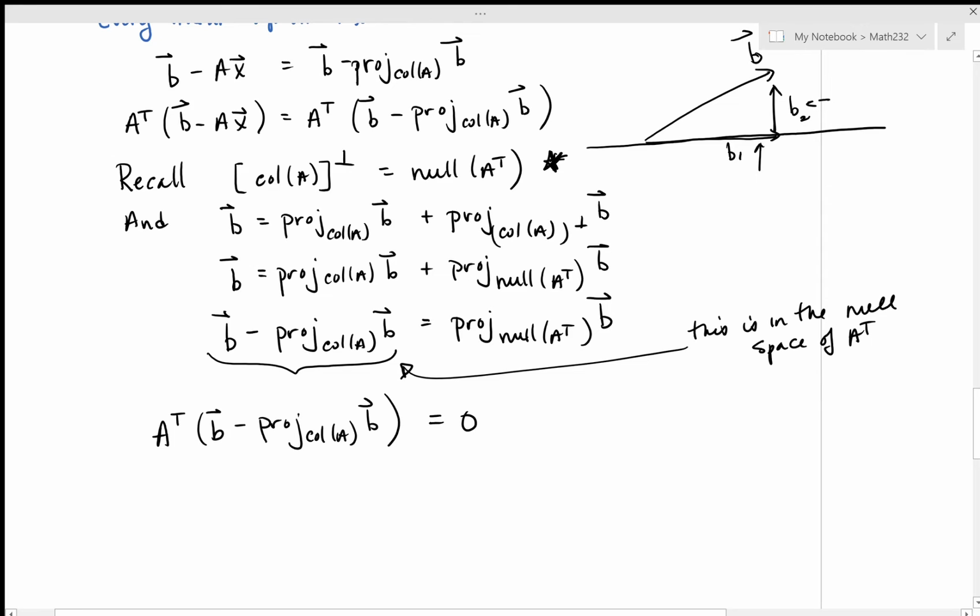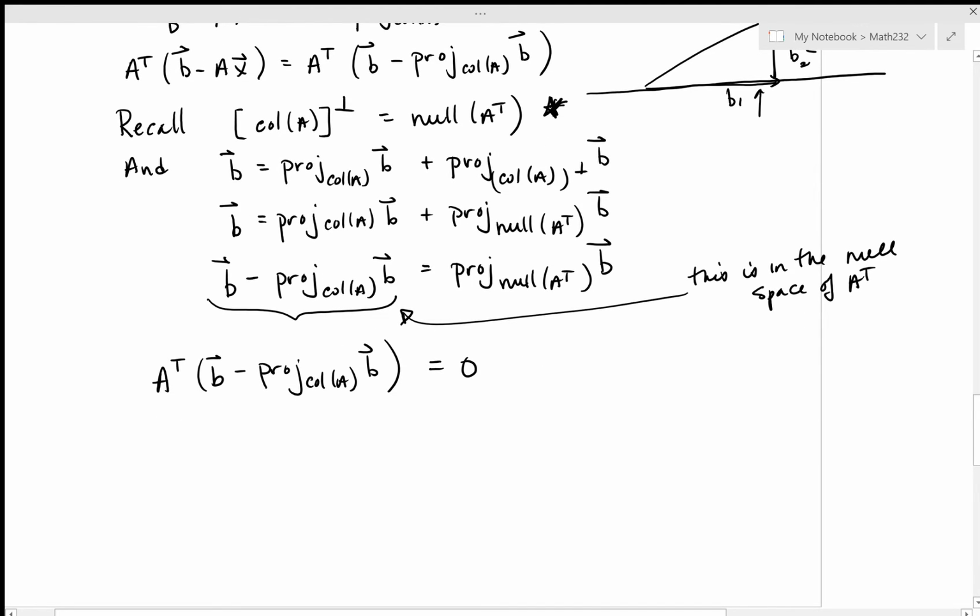Okay, now what can I say next? A transpose times this thing is equal to 0.